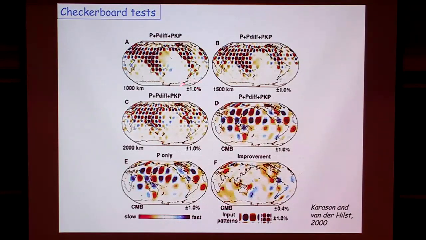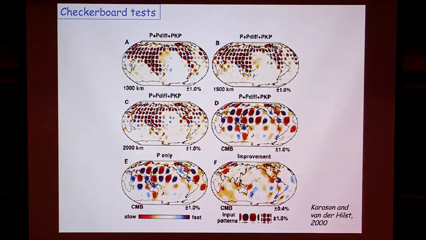By the time you get to the core mantle boundary, they switch to larger checkerboard patterns because of the loss of resolution. But you can see that in all cases, basically the southern hemisphere is really not very well sampled, and even the northern part of the Pacific Ocean.